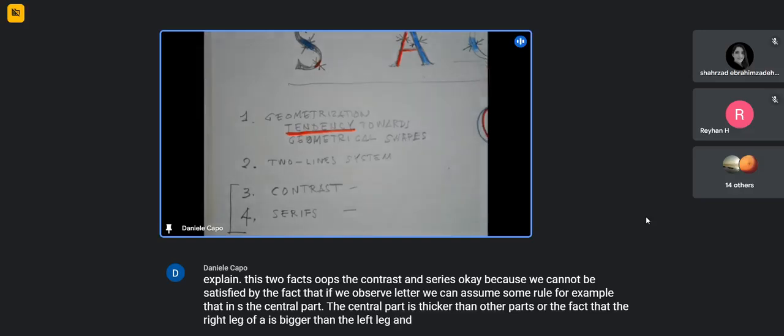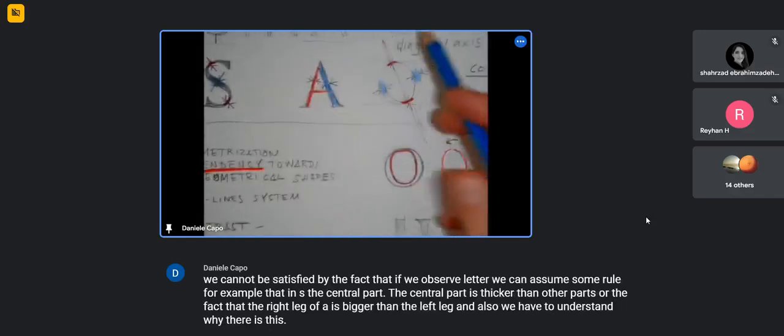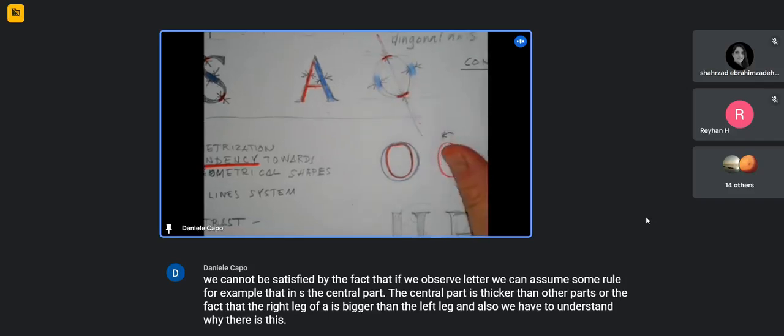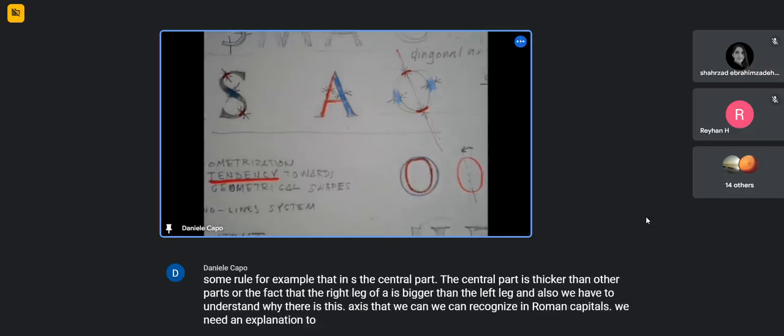And also, we have to understand why there is this axis that we can recognize in Roman capitals. We need an explanation to make sense of this fact, without relying on external rules.